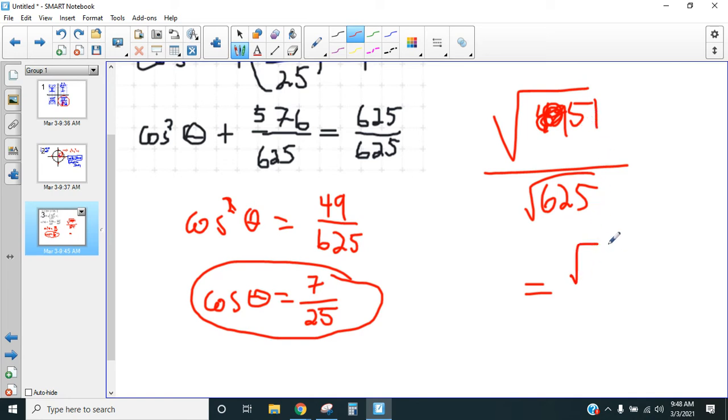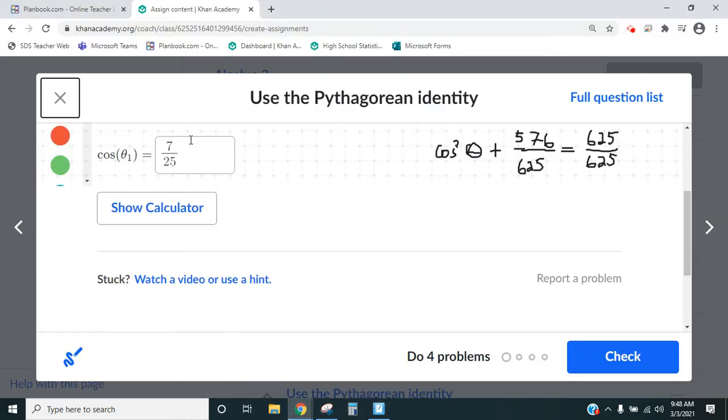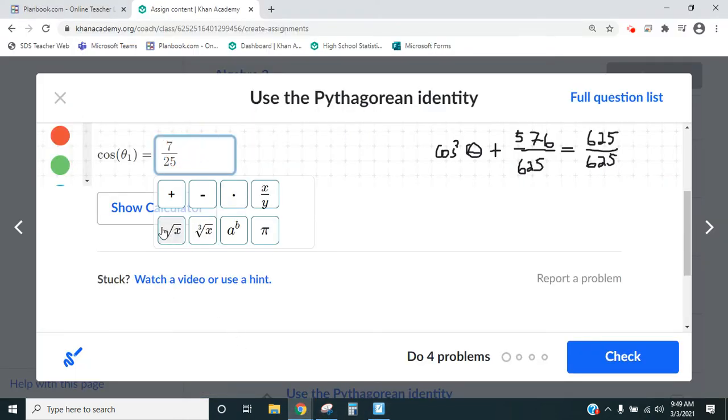So your answer will end up being something like that, because you can still take the square root of 625. So if you can't take the square root of the number underneath here, just leave it alone. Everybody understand that part? Okay, so that's why when you look here, when I typed in the answer, there was this available for you.